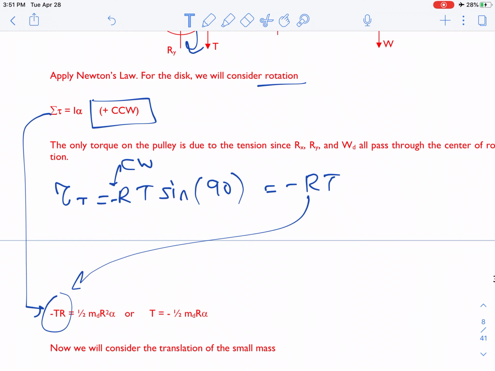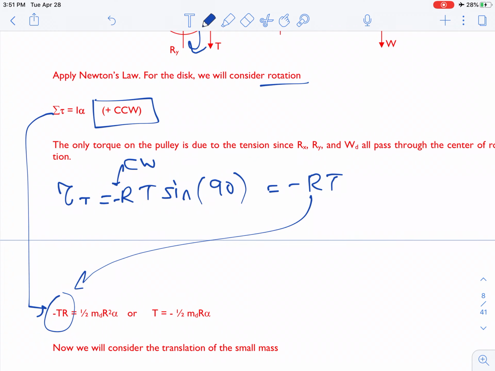So this 1/2 m_d r squared is the inertia times alpha. If you solve for tension, you get negative 1/2 m_d r alpha. So this is the magnitude of the tension, and since alpha is also negative, the tension will be positive here, because alpha is also clockwise.